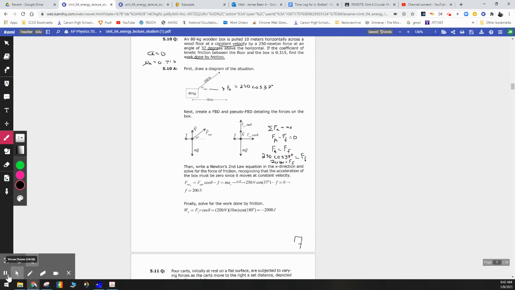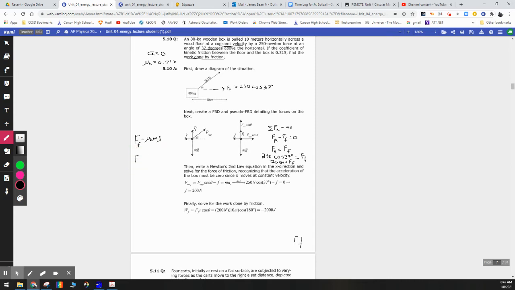Now, some of you might be wondering, well, Mr. Bean, isn't the force of friction supposed to be mu kinetic mg?